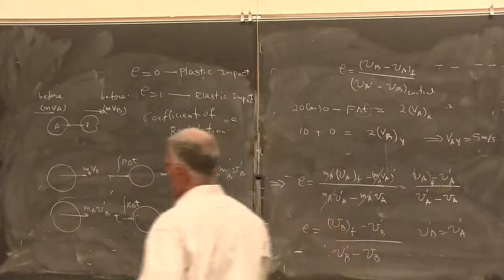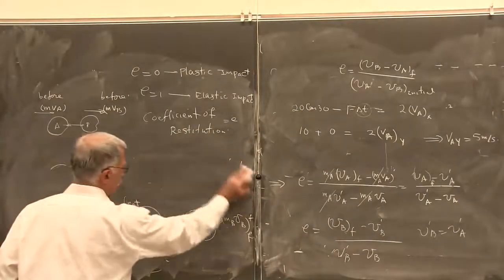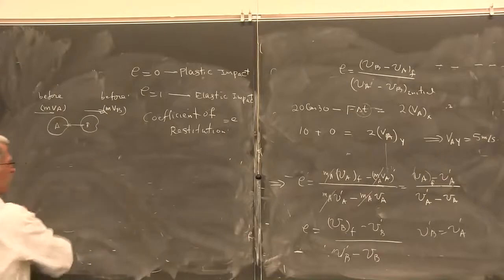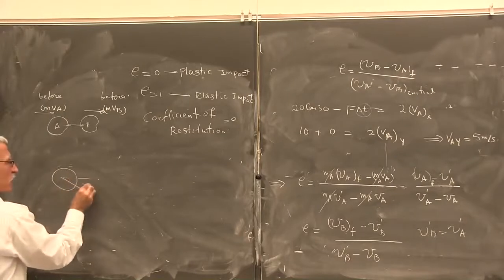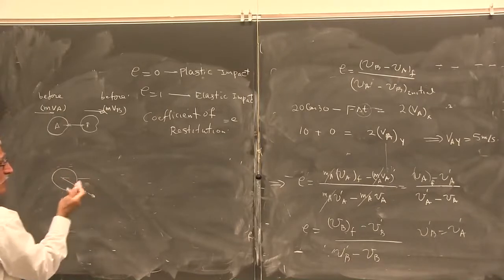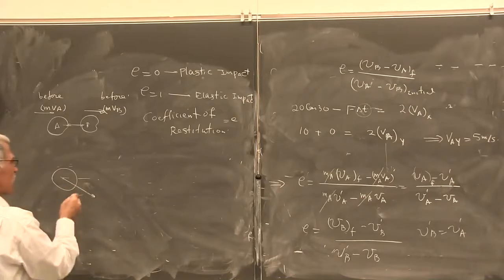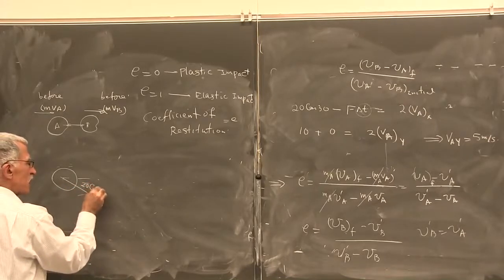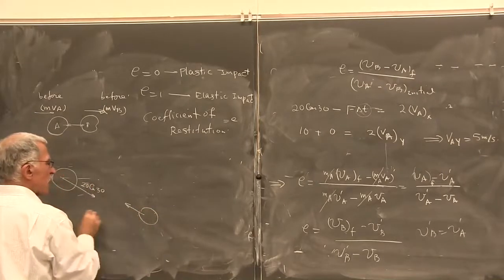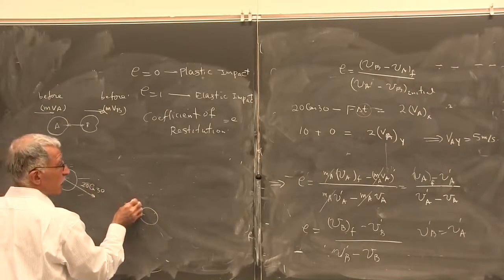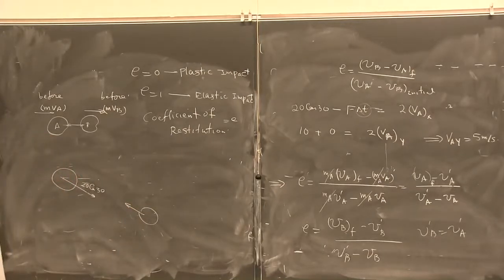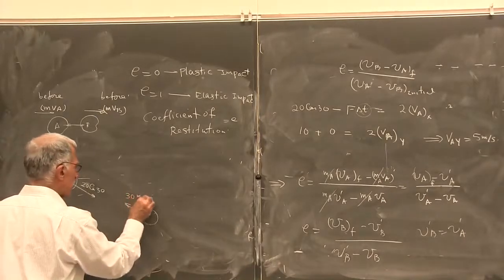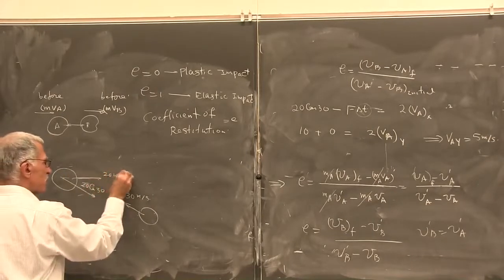So for the previous problem, if I tell you the coefficient of restitution, this is coming with the velocity 20, what was that, 20 cosine 30? Yeah, 20 cosine 30. And what was the velocity of B? 30 meters per second.